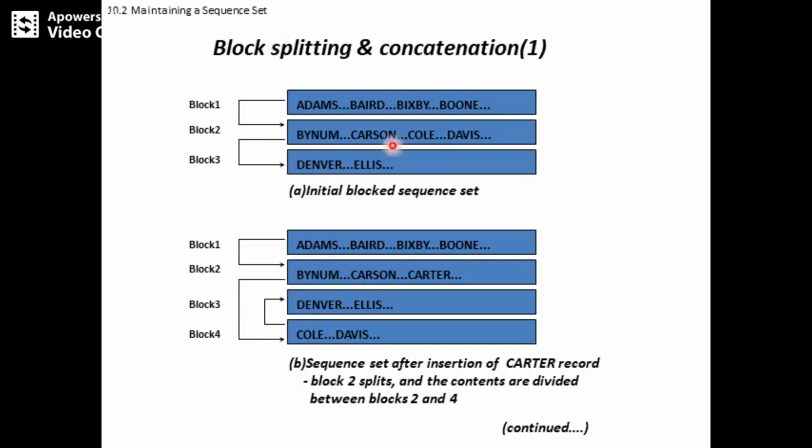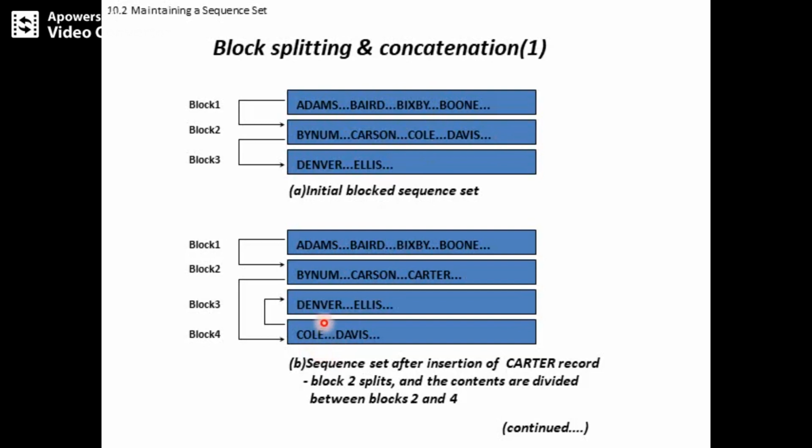In this splitting option, I'll split this block 2 into 2 different blocks. Say in the first block I will write the first 2 records and the new record Carter, and the link will be linking to this particular block, that is block 4. In block 4 we can see the next two things, that is Cole and Davis, right?